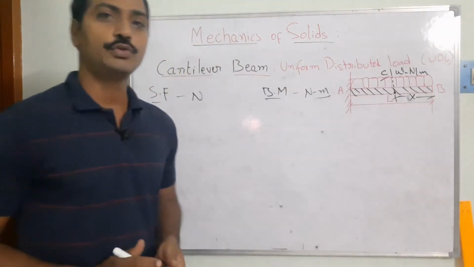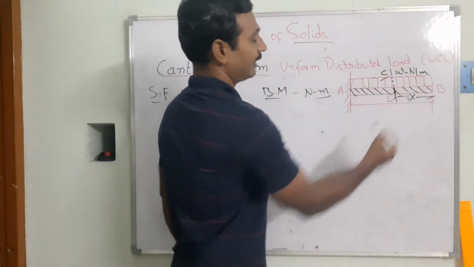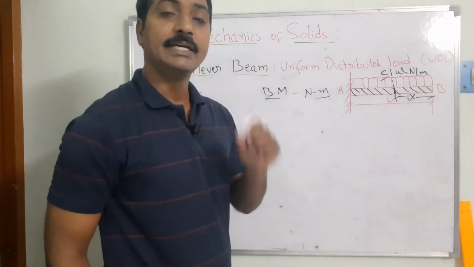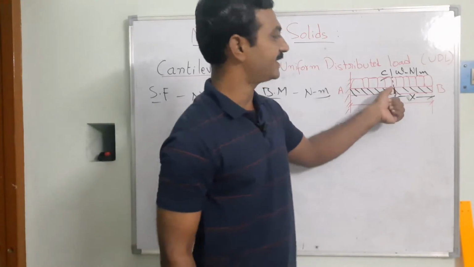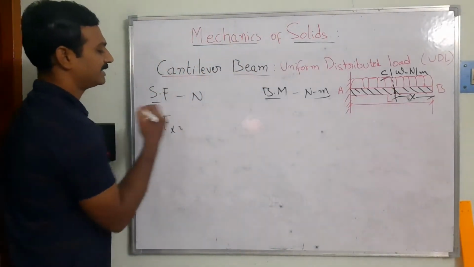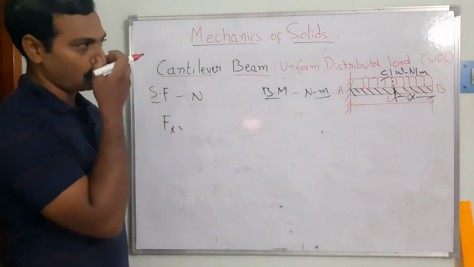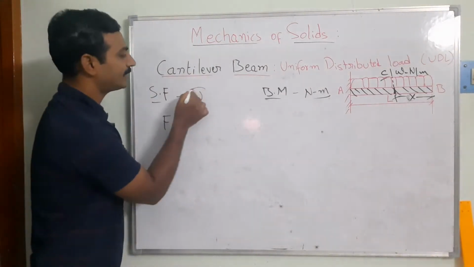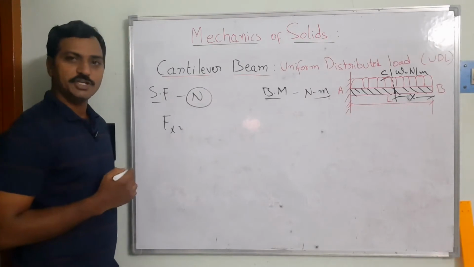So I am going to take this span, that means finding the rate of loading up to the point C. I am going to call it Fx. What is the formula? We need to get Newton units for the shear force.